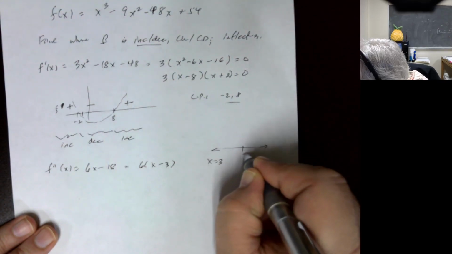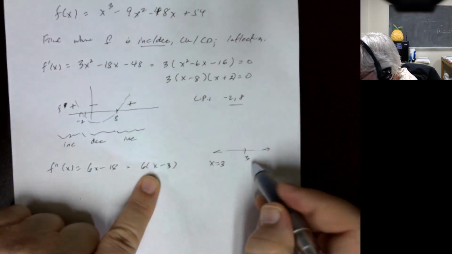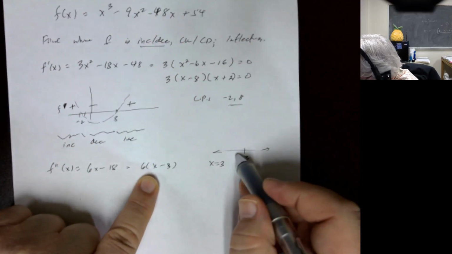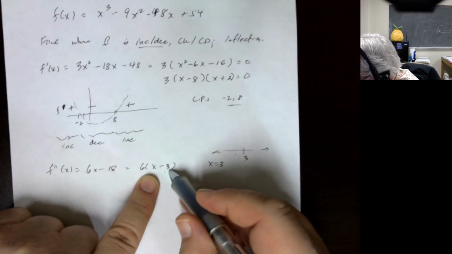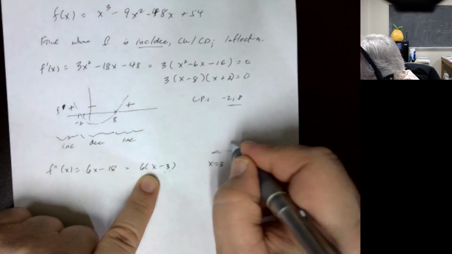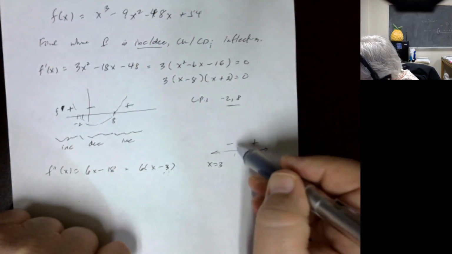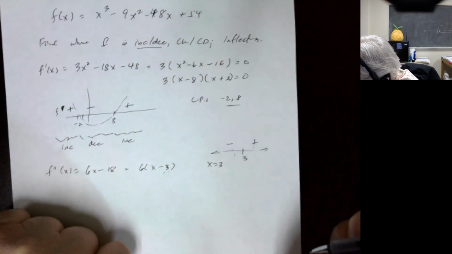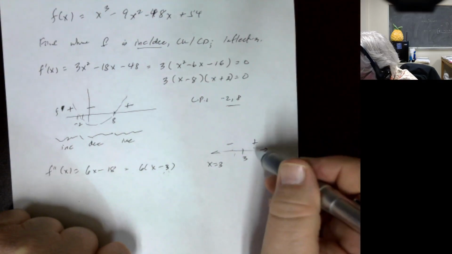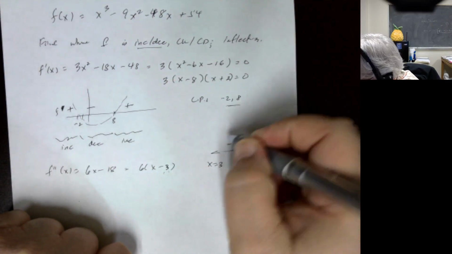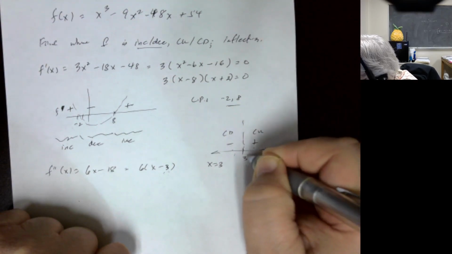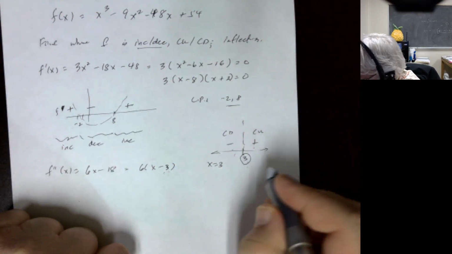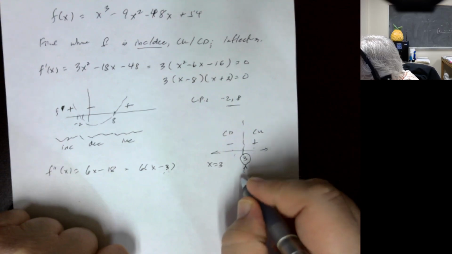If you're below 3, the second derivative will be negative, like 0 minus 3 is a negative number. And then positive on this side. Concave down, concave up. So we have a change in concavity at x equals 3, and so this is our inflection point.